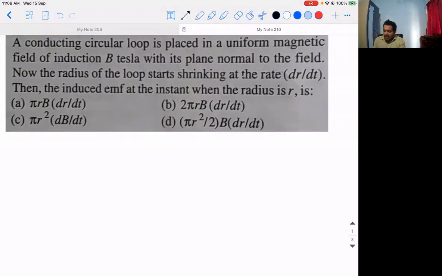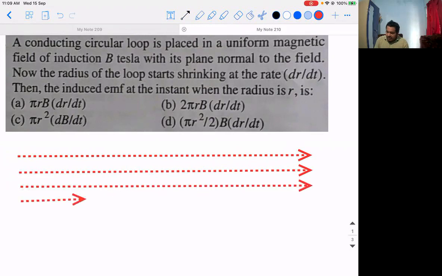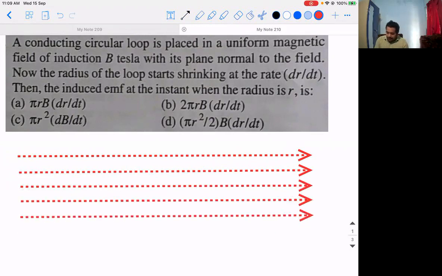Well, what we will do is we will just consider some magnetic field lines. So these are some of the field lines. Okay, so we are just assuming the magnetic induction is acting in this direction.